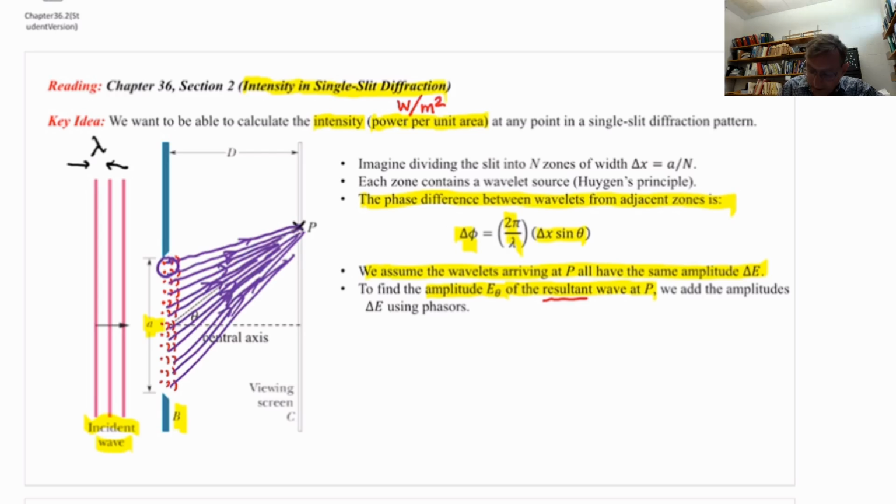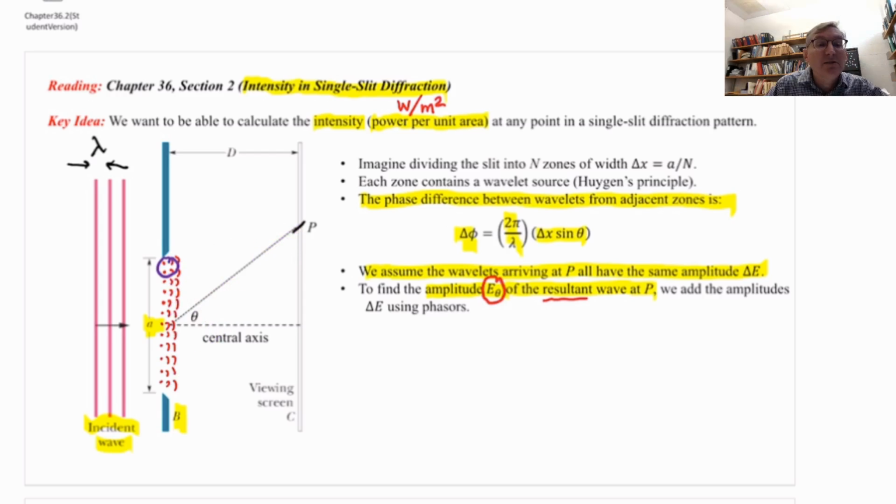And that will give us what we're going to label E sub theta. I'm going to get rid of some of this stuff now. Where theta, as you can see, as always, is the angle from the central axis out to point P.